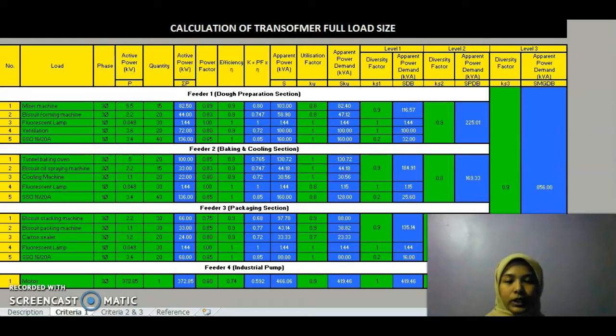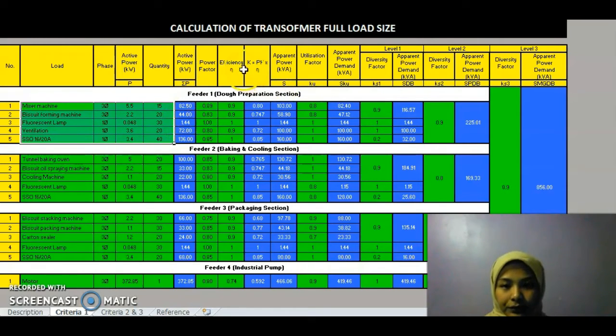Assalamualaikum. So today I would like to present the criteria 1 for this project. Criteria 1 is we need to make sure that the size of the transformer must be equal or more than 65% of the total maximum demand. Okay, so this Excel tool requires the user to insert all the details about their load.